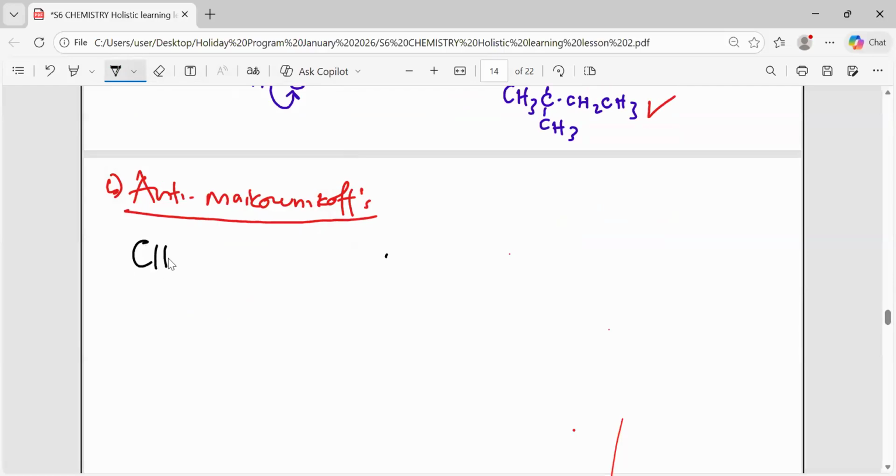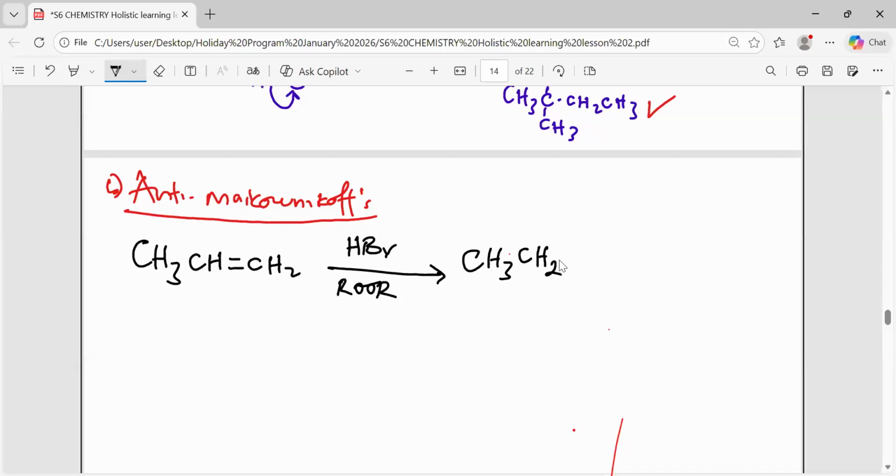So we can have maybe this propene, and then we're adding in hydrogen bromide, but now in presence of a peroxide. So what will be our answer, since it is anti-Markovnikov's? 1-bromo, like CH3, CH2, CH2, Br.